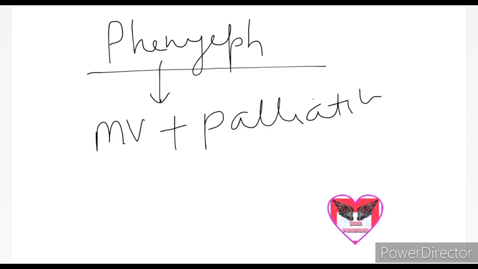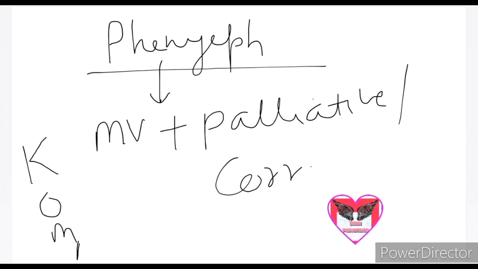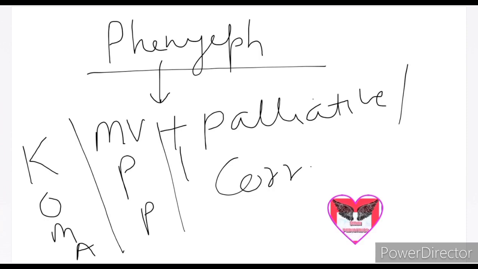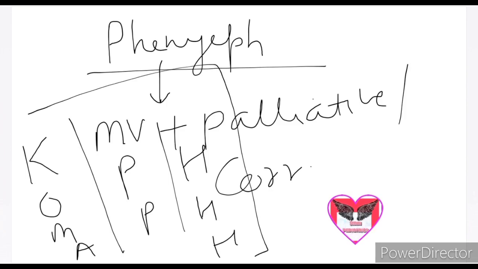So you can easily remember KO, we have to give coma, then 2P and 3H. Okay, this is the mnemonic for the management of Tet spell.